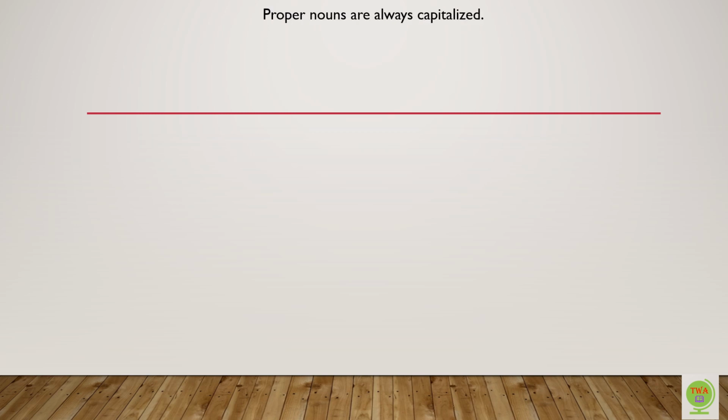Once again, proper nouns are always capitalized. All right, let's have some more examples here. Thailand, as you can see, the T here is capitalized. Okay, next we have Philippines. The P here is capitalized. America, India. All right, now these are proper nouns, but let's see how to use them as proper adjectives.